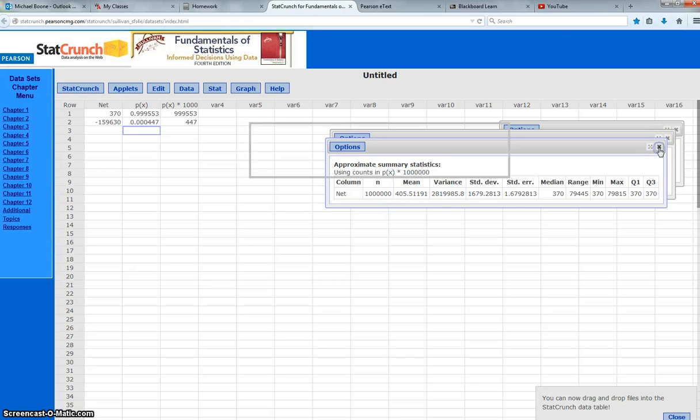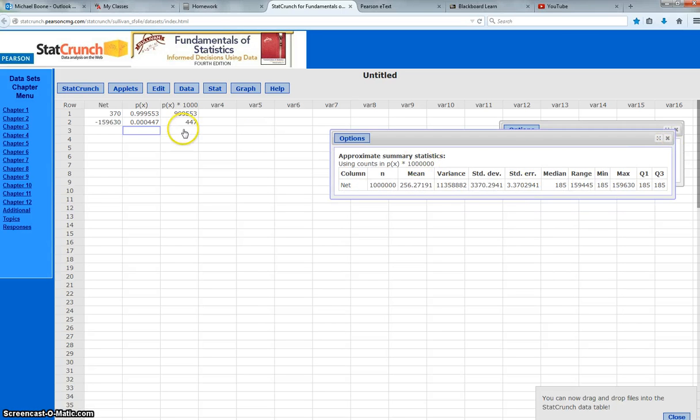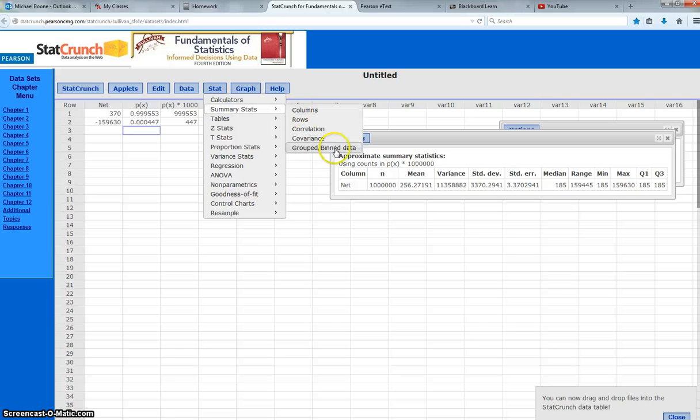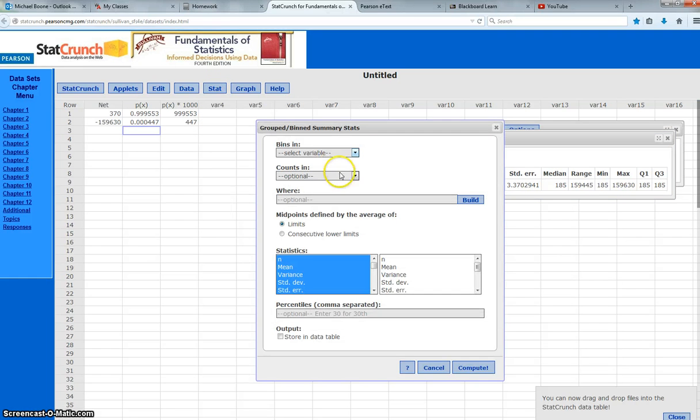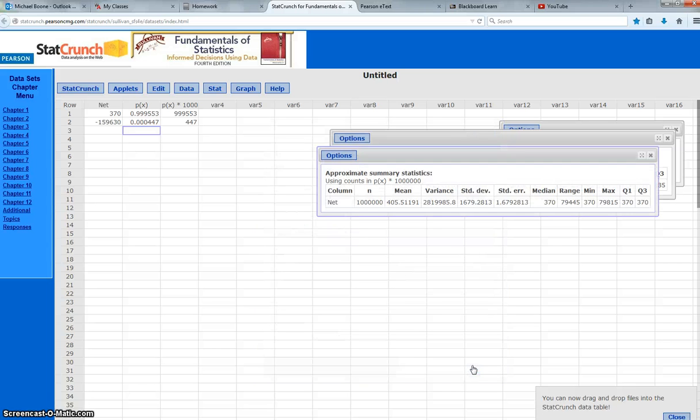Let's see if I did that right again. So I go with stat, summary stat, group bin data, my net values, and my counts are there. Okay, the 405 seems wrong.